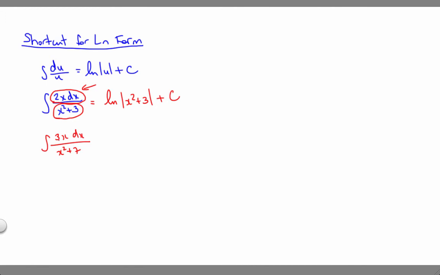Suppose we wanted to integrate 3x dx over x squared plus 7. First thing we do is we look at this and say, okay, that's our u, and then what would du be? It would be 2x dx. So in the numerator I'm going to write down what we would love to have: we would love to have 2x dx. But in order to make this equality true, we can't just write 2x.